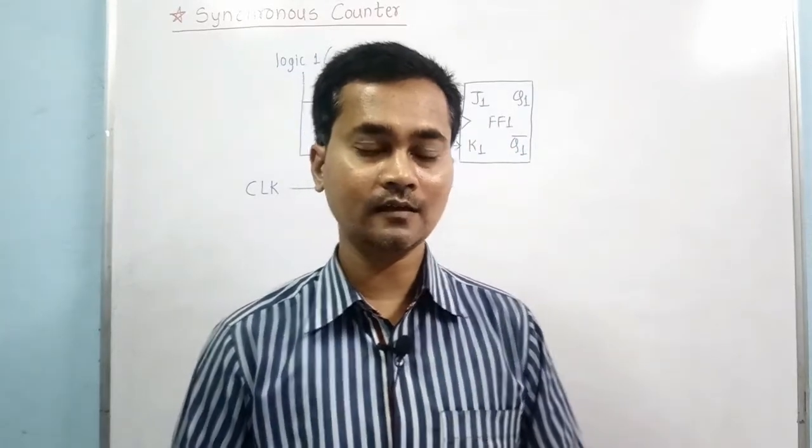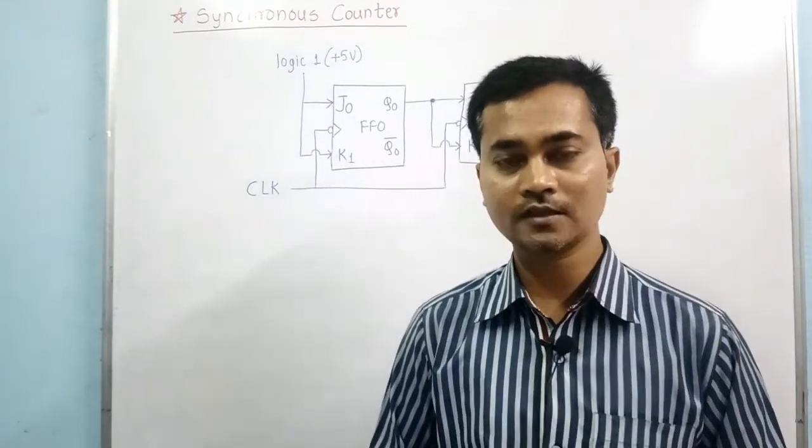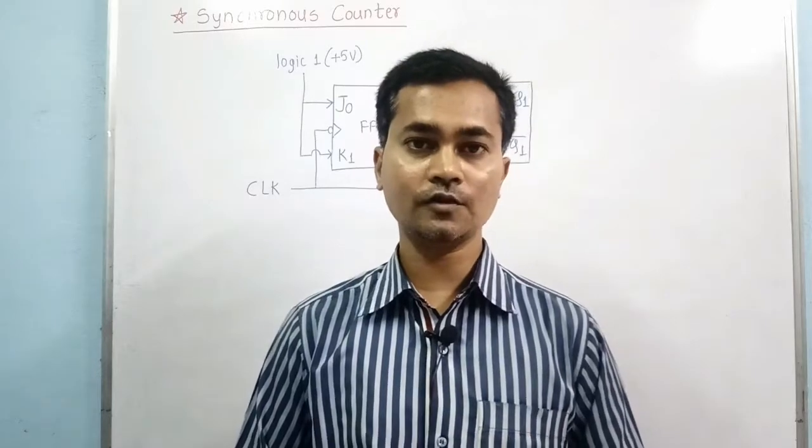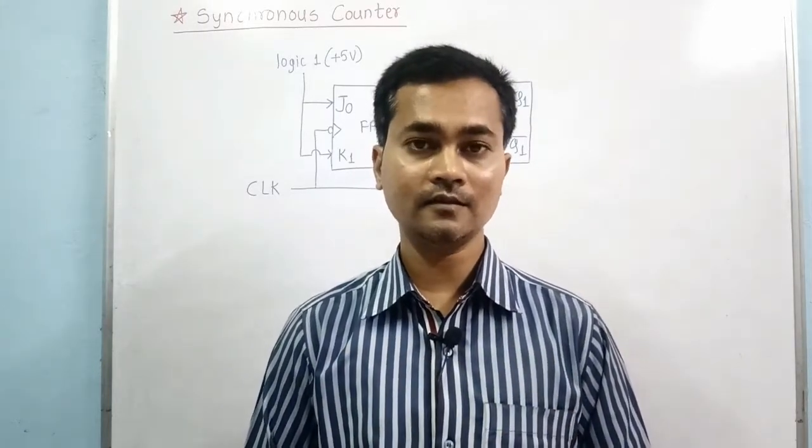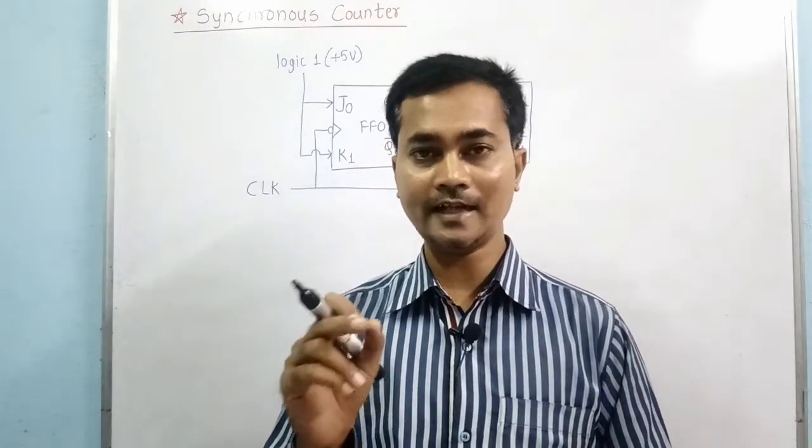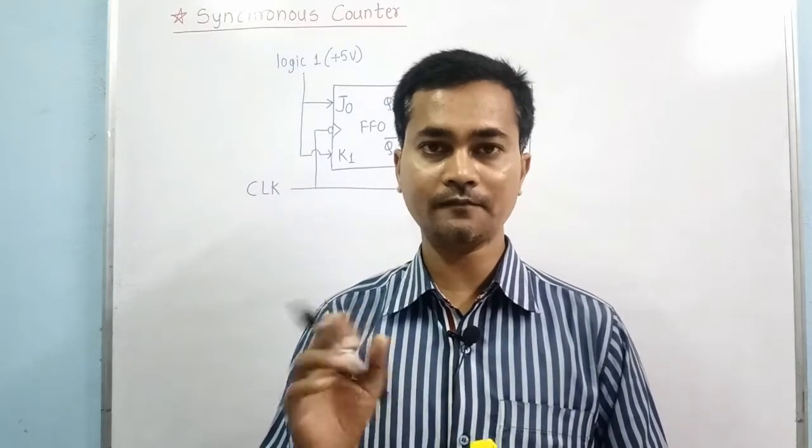In the asynchronous counter we used JK flip-flops, but the J and K inputs were all tied to logic 1, that is plus 5 volt or VCC.